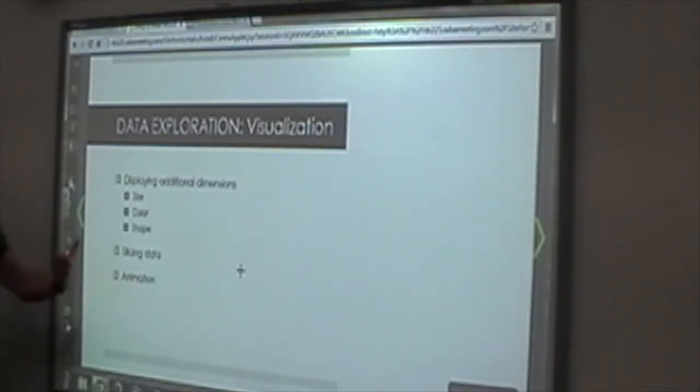Another approach to visualizing data. There are some others that I'm not going to get to, but animation. Especially if it's a time-changing animation, you might have seen it with, for example, a graph earlier, a picture of sea surface temperatures using color.